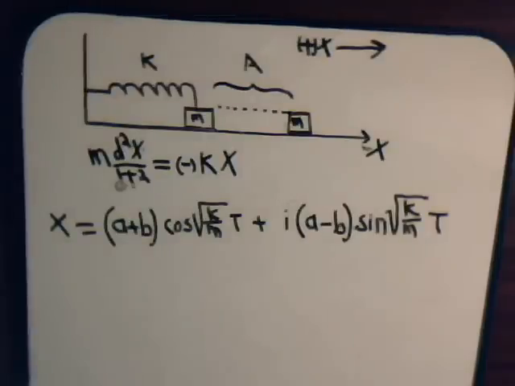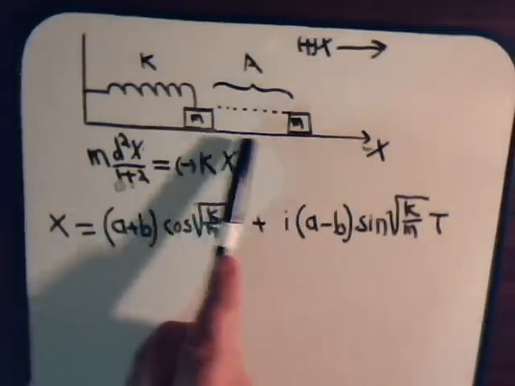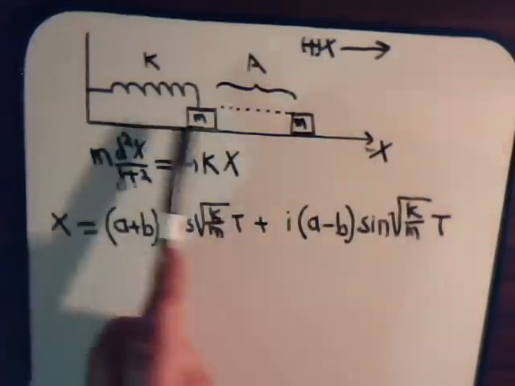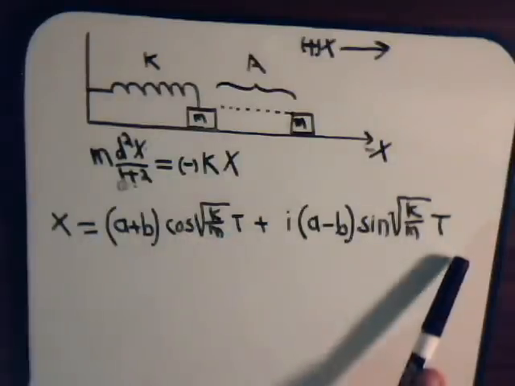And this gives us the position of the block anywhere along the x-axis as it's sliding back and forth at a particular time t.